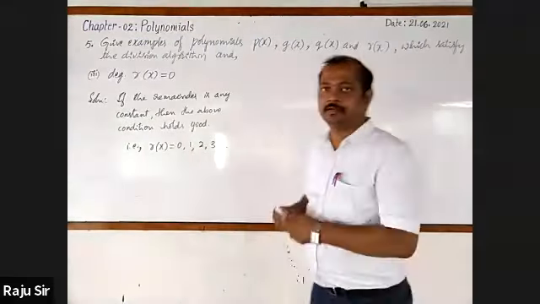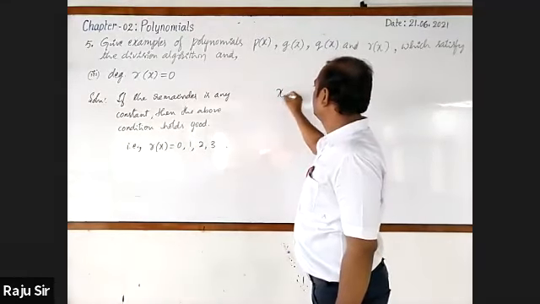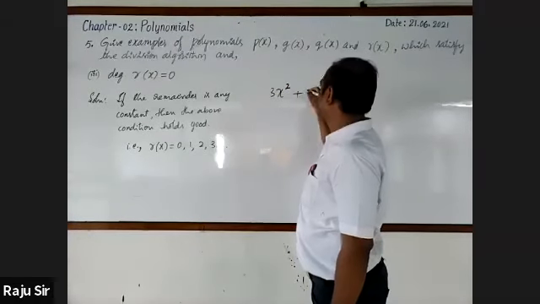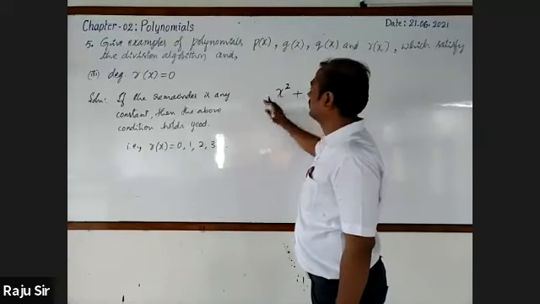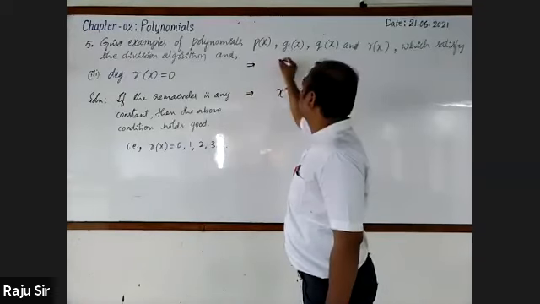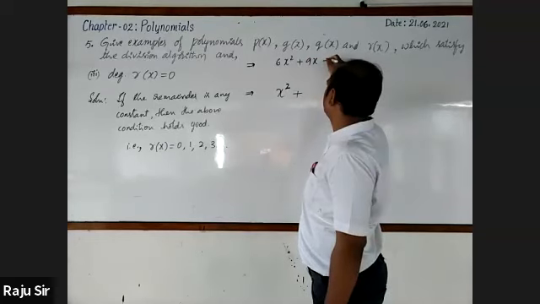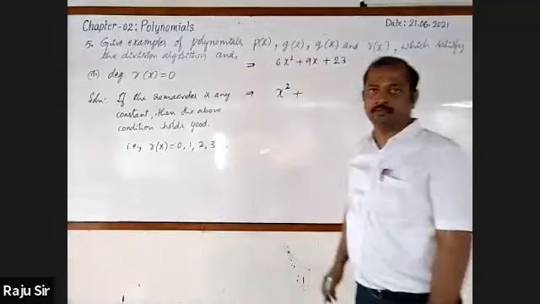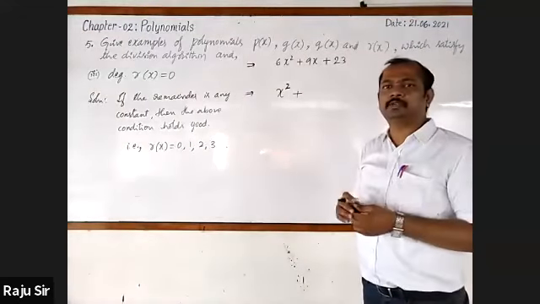You may take x square plus 6x square plus 9x plus 23. You can take any polynomial.